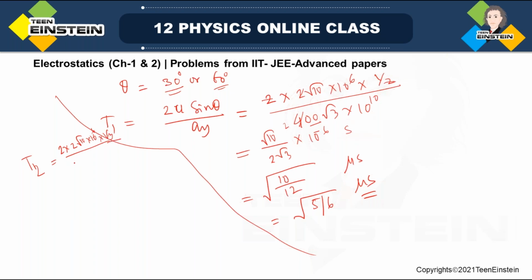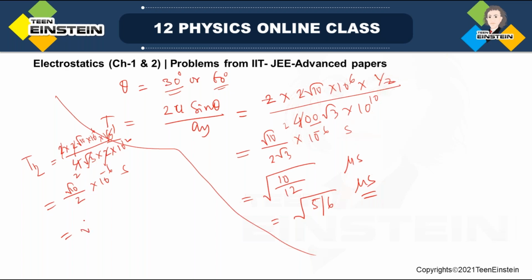So here it is already 4 into root 3 into 2 and here it is 10 to the power 12. So look here what you get: root 3 gets cancelled, this 2 gets cancelled, it will be 2 again. So this will be root 10 by 2 into 10 to the power minus 6 second.